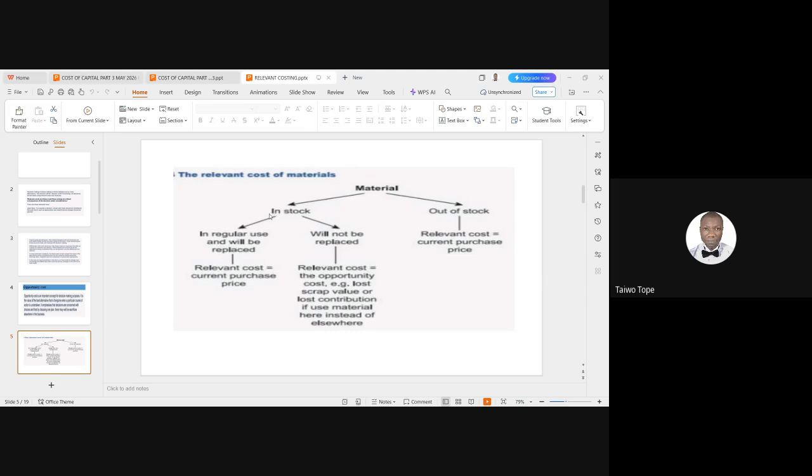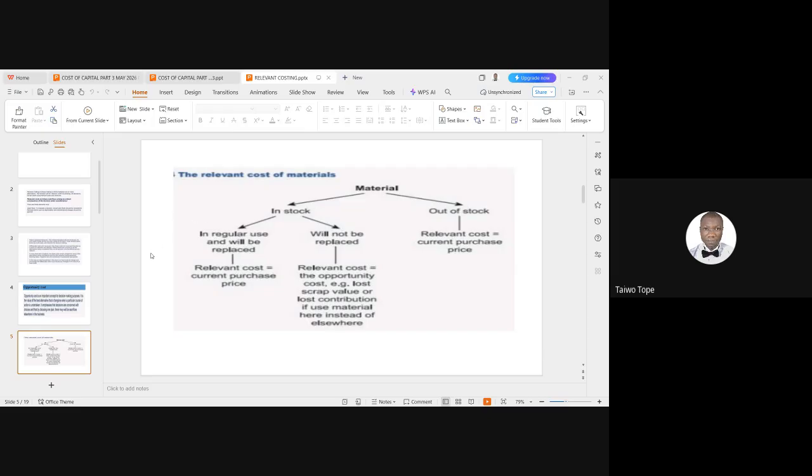You can have material in your warehouse. You can have a situation where you are short of material. So we have it as in stock, when you have material in your stock, and when you are out of stock, what will happen?